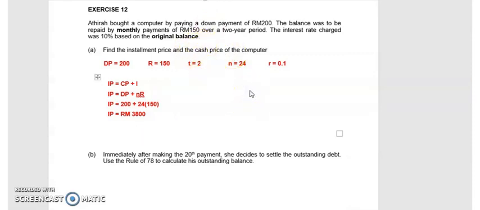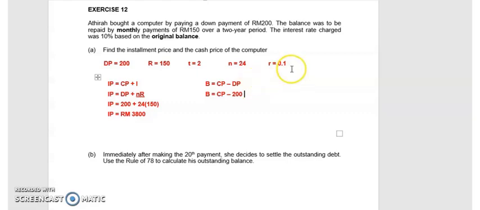Okay, now how to find cash price? Okay, write any formula that has cash price in it. Okay, so first formula in this topic, we know that balance equal to CP minus down payment. So B equal to CP minus 200. Down payment is 200. Okay, what else info do you have?